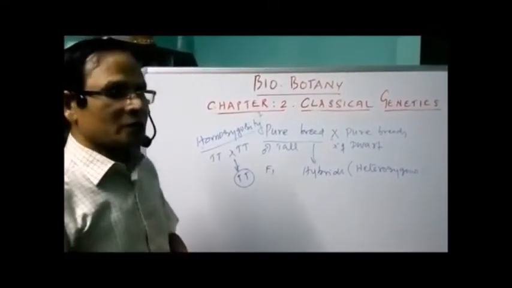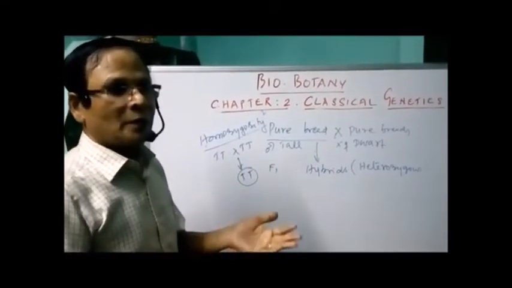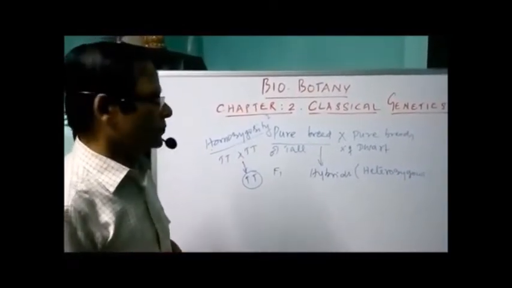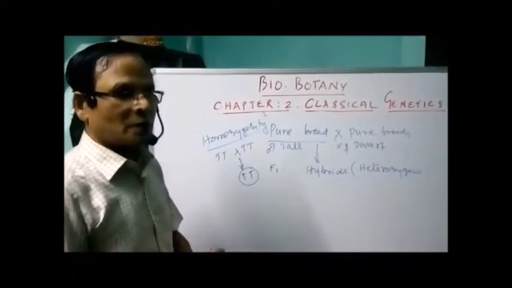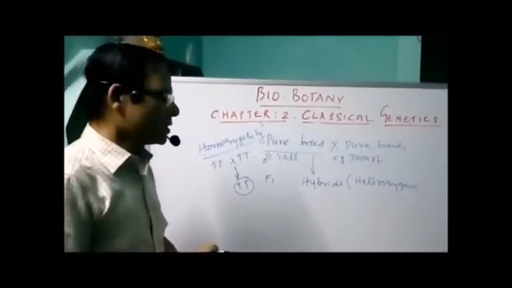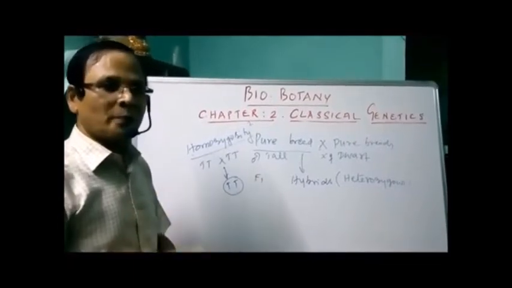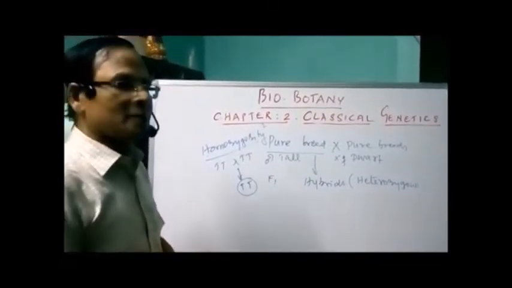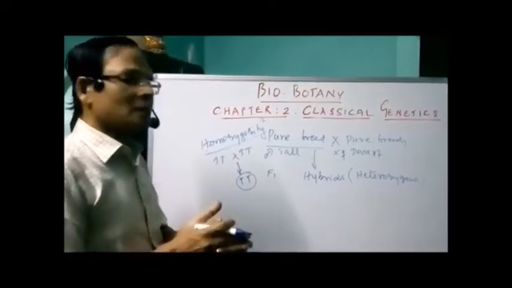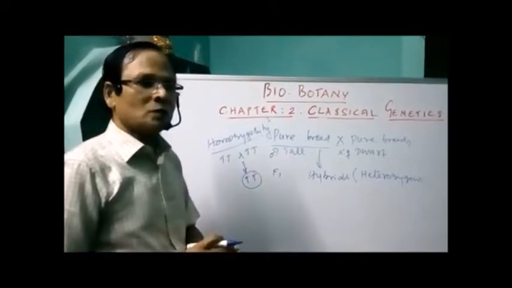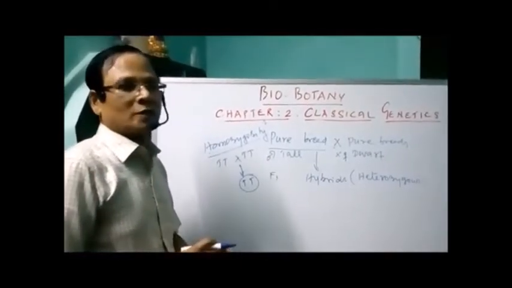So Mendel studied the pattern of inheritance and formulated the laws or principles now called Mendelian genetics. The Mendelian study of the pattern of inheritance and the laws or principles formulated by him together constitute what is called Mendelian genetics.